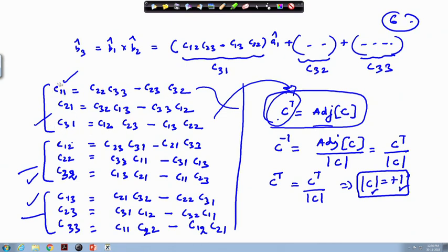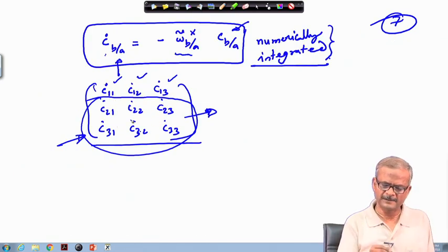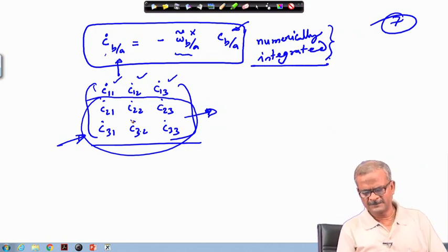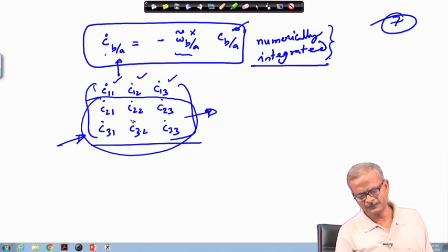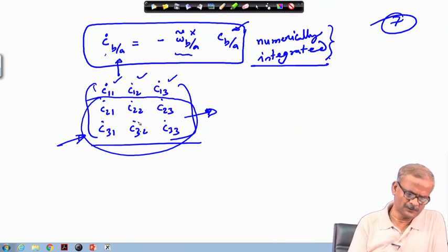This will also indicate the updated value, because all the entries of the C matrix are not independent. Therefore, getting the derivative of C, integrating it, we get the updated values, and insert them on the right hand side. So, you get the updated values of C11, C21, C31. Rather than integrating for this one also, you can directly solve from the previous one. These are some of the technicalities you may face while working with attitude dynamics, and you can solve these problems accordingly.